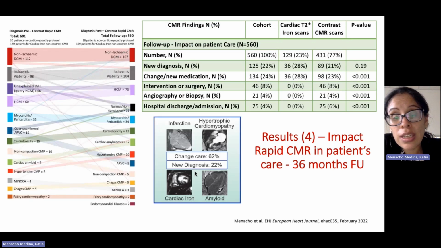We followed up these patients for a total of 36 months after the cardiac MRI scanning, and it had an impact in the diagnosis, with new diagnosis in 22% of patients, and changing patients' care in overall 62% of participants.